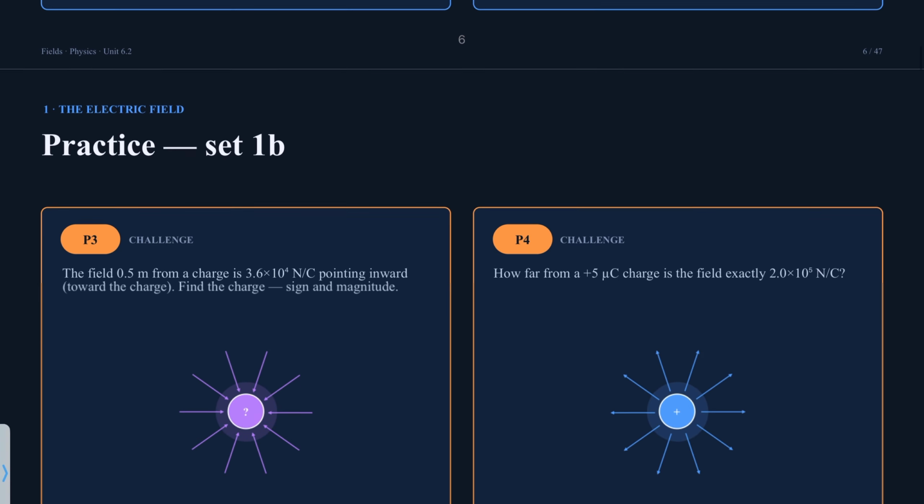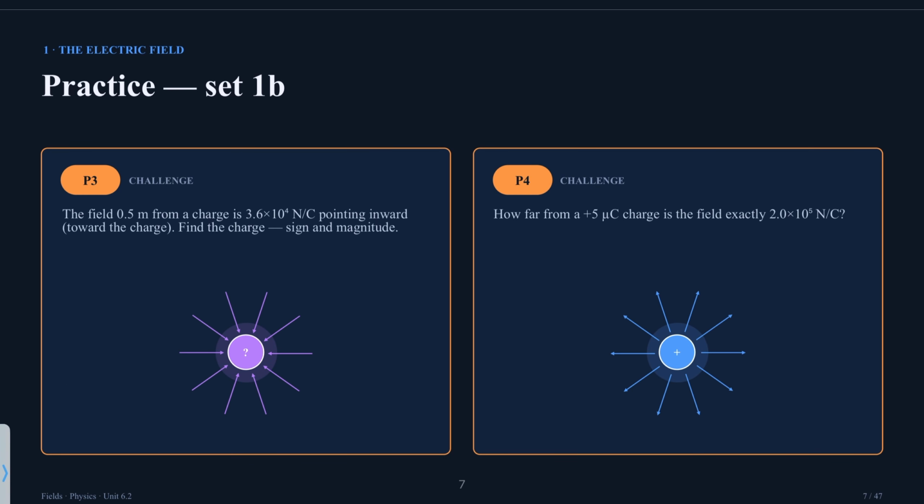Okay, so now let's try some practice. The field 0.5 meters from a charge is 3.6 times 10 to the 4 Newton per coulomb, pointing inward towards the charge. Find the charge, sign, and magnitude. So let's just write a formula here. Field strength is K times big Q over R squared, right?